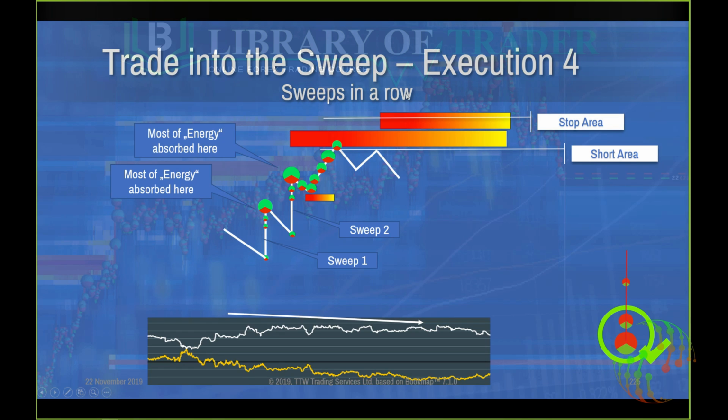Sweeps in a row. We talked yesterday about this variation because it happens more. A sweep happens, then normally price is retracing because at this moment there is no more energy to push the price further up. Then retracement, and then we are looking for the liquidity.